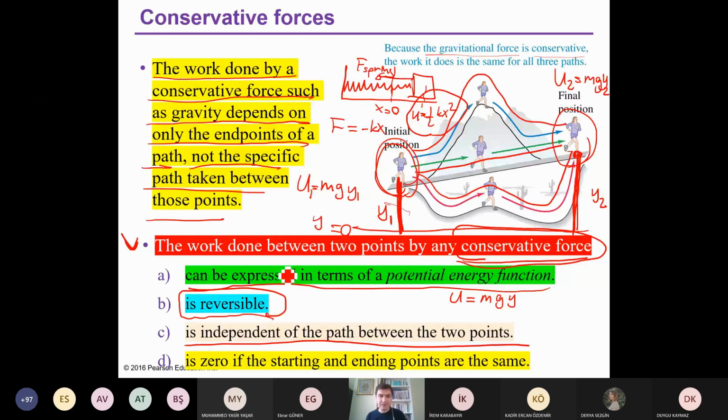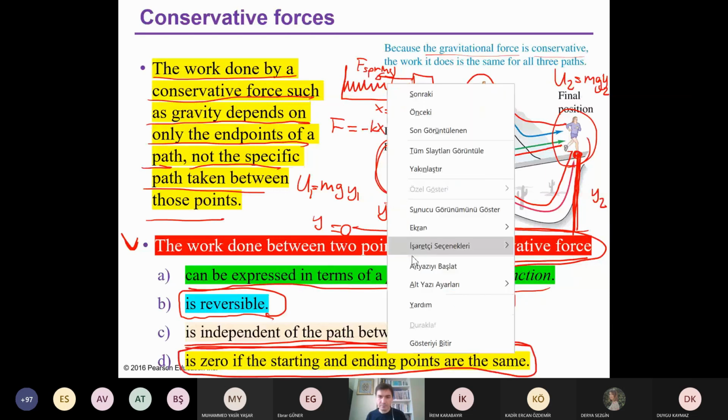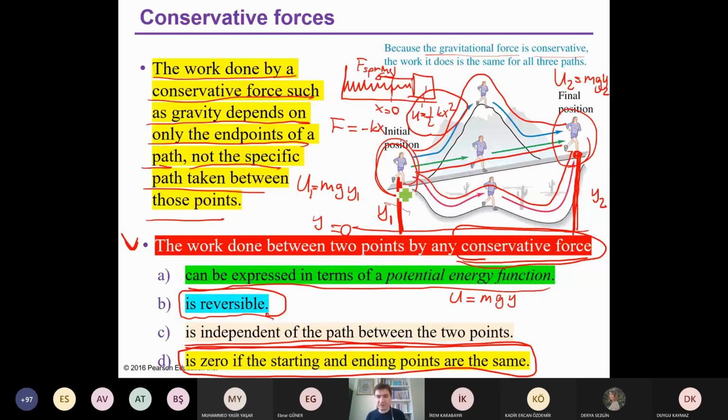For example, let me choose another color here. Let's consider that this guy here on the left side starts from this initial position and follows that path and then reaches this second position and then comes back.